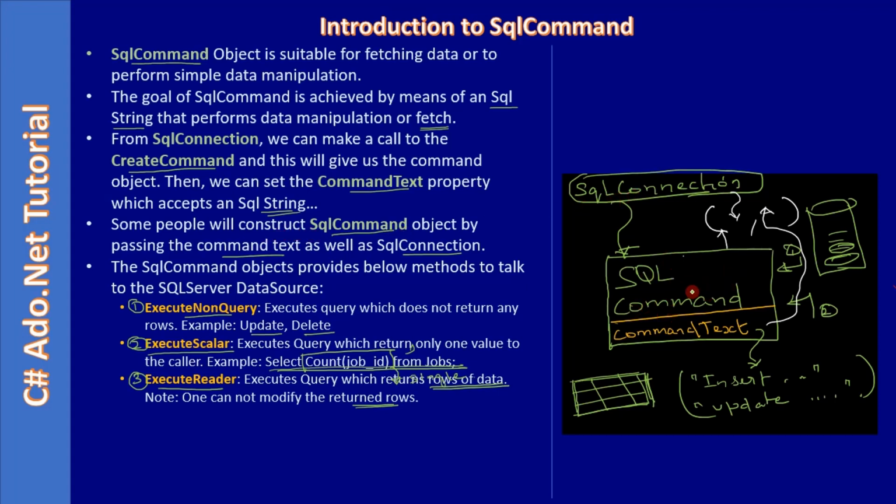One is to construct the SqlCommand object, and in the constructor you can pass a connection as well as command text, or you can create the SqlCommand with an empty constructor. Then using its properties, you can set the connection as well as the command text. Or if you have a SqlConnection, make a call to CreateCommand, then set the CommandText property.